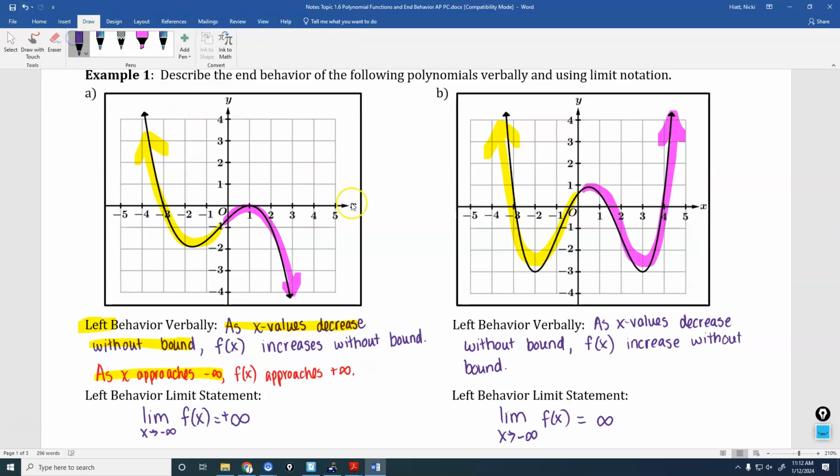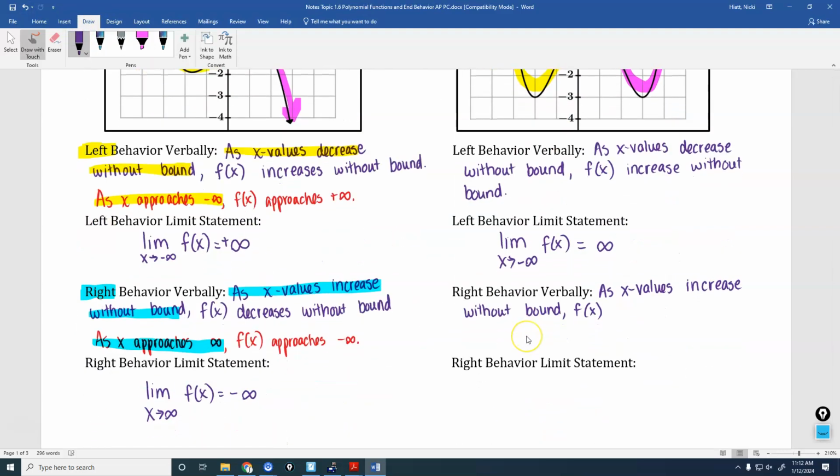So it's going to be increases without bound. Okay. Limit notation will look like this. The limit as x approaches positive infinity of f of x is going to equal positive infinity for that.